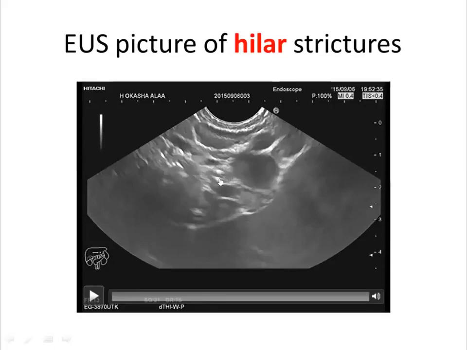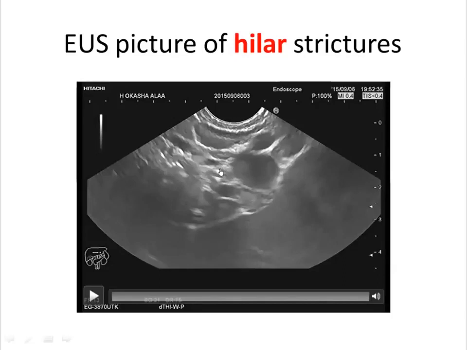It may be a malignant stricture, very early cholangiocarcinoma, or it may be an inflammatory stricture like sclerosing cholangitis or autoimmune cholangitis, a part of IgG4 related disease.